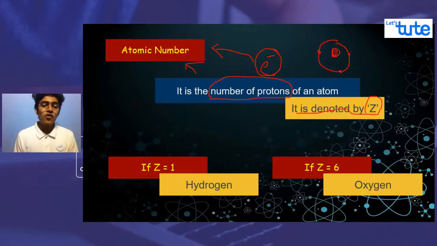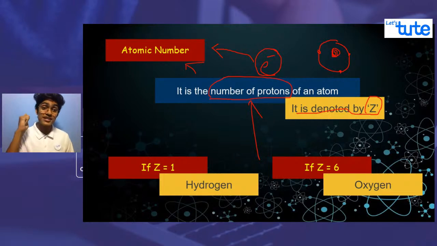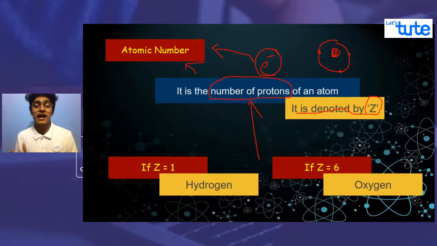So this is how we find out the atomic number. If we know the number of protons in a particular atom, we will get to know the atomic number, because atomic number is nothing but the number of protons. I hope you got why we don't use the number of electrons and why we use the number of protons.